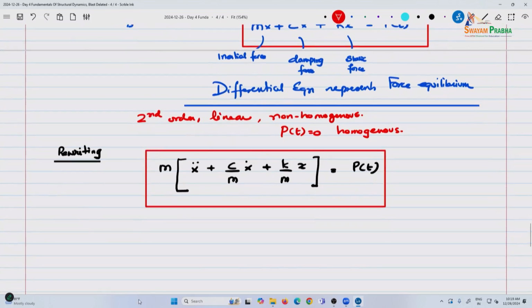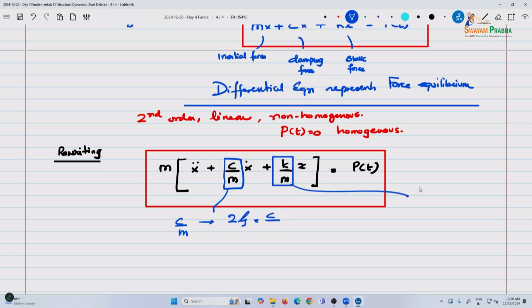Now here, let's redefine a couple of things. This term C by m, let's say 2 xi, is nothing but C by... let me start with this one.